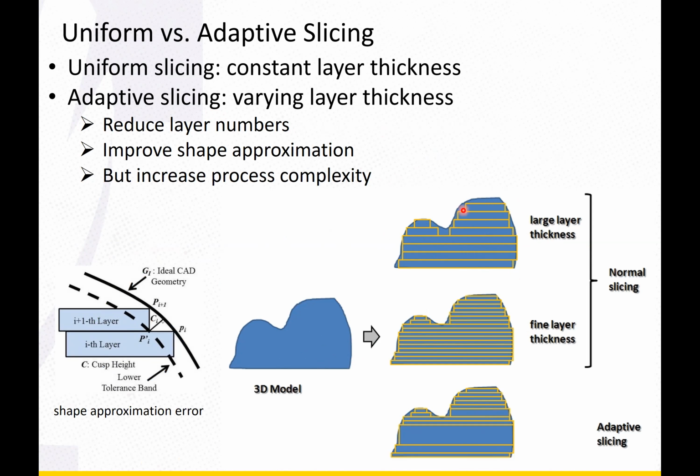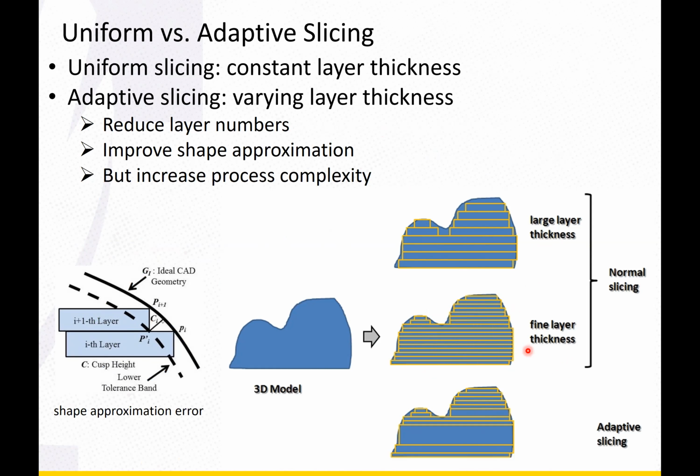We make the thickness even smaller. That means the layer number will become more, something like this, right? But the thing is, you have too many layers. That will slow down both the slicing algorithms and your actual additive manufacturing process.